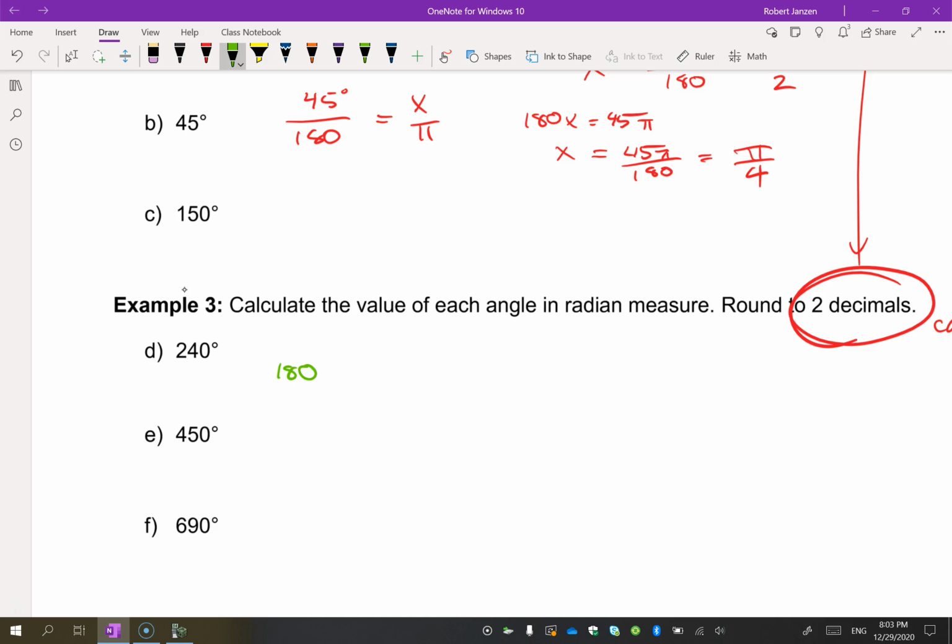So let's try one here. So it's 240x, cross multiply, we get 180x is 240 pi, and so x is going to be 240 pi divided by 180. And you can use a calculator for that.